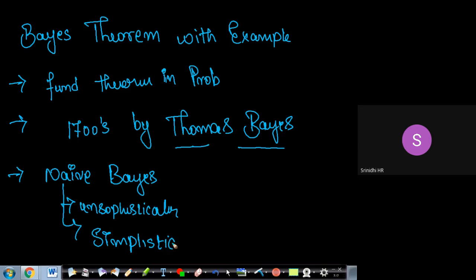This is the general meaning of naive. Within Bayes theorem, the naive Bayes classifier is the simplest way in which Bayes theorem is applied to any concept. This is your NB classifier.